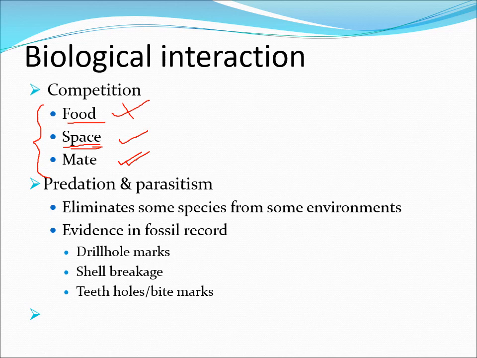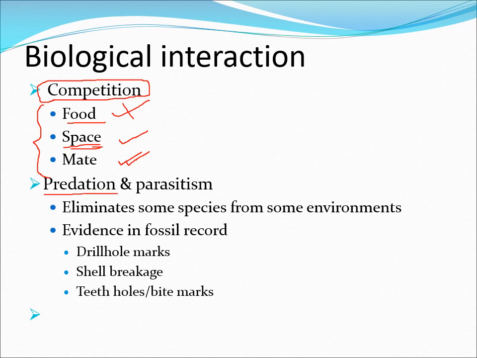Now for these, organisms sometimes face competition among themselves, about who can get better food, who can get better shelter, or who can get a better mate. So for that, organisms are involved in competition, and sometimes they are involved in war also, that is known as predation.